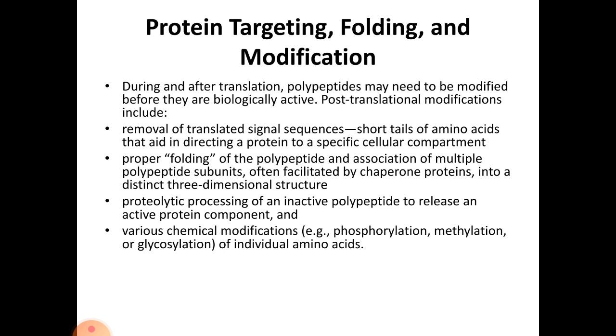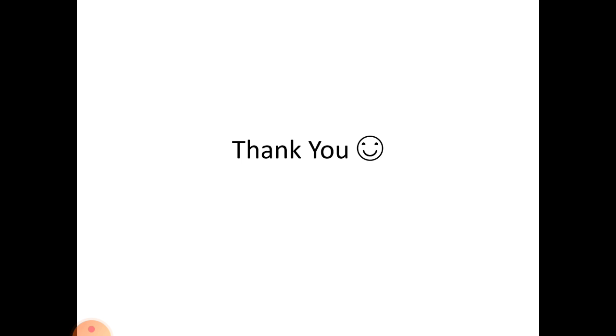The released protein often undergoes post-translational modifications like removal of translated signal sequences, then folding of the polypeptide and association of multiple polypeptide subunits with the help of chaperone proteins to form a functional three-dimensional structure, proteolytic processing of an inactive polypeptide to release an active protein component, and various chemical modifications. Thank you all.